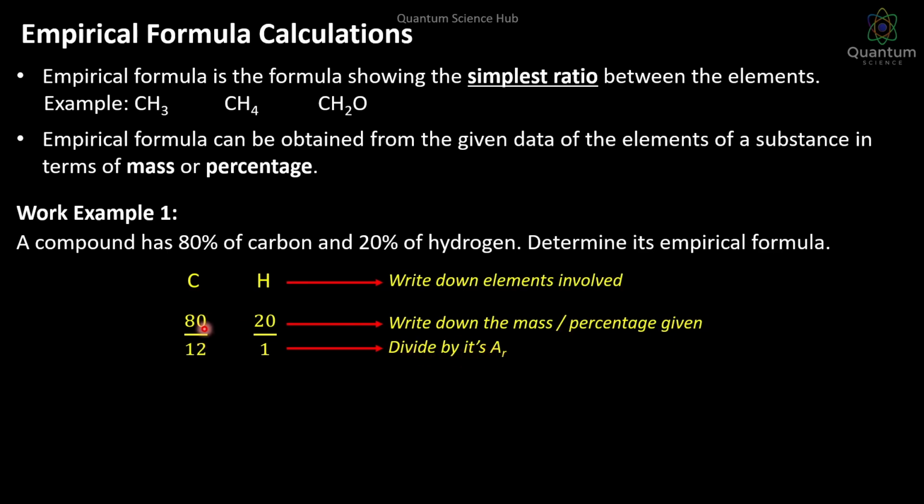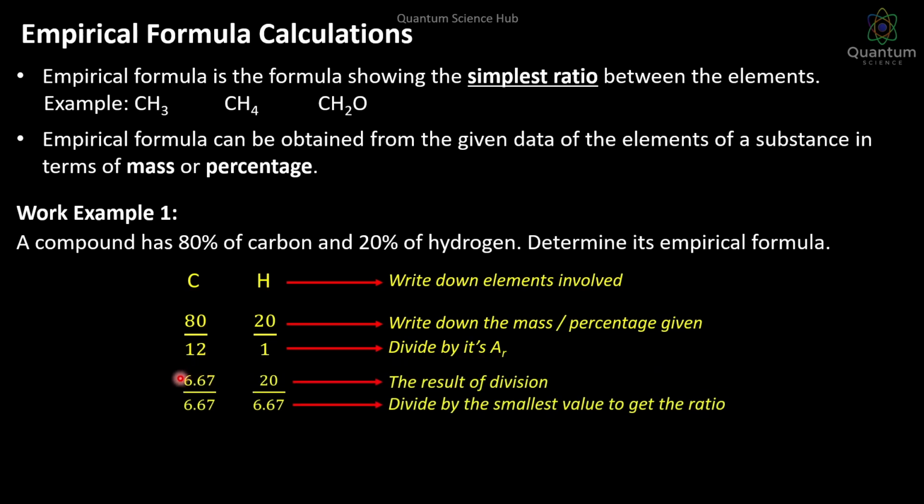If you check in the periodic table, the mass for carbon is 12 and hydrogen is 1. So what is the result of 80 divided by 12? 6.67, and 20 divided by 1 is 20. And after that, we divide by the smallest value to get the ratio. So which is the smallest number between 6.67 and 20? It is 6.67, right? So for both carbon and hydrogen, we divide by this number, okay?